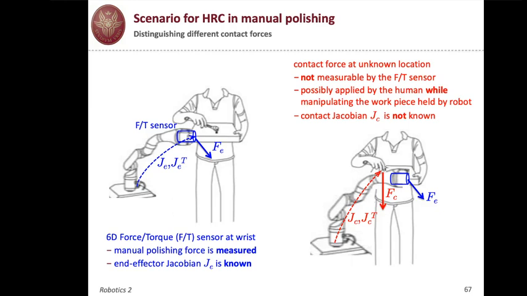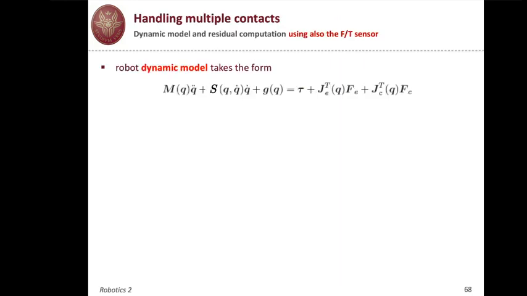And now, a little bit of mathematics follows. First of all, how can we use the force measurement inside the residual computation? So we start from the usual model. On the left-hand side, there are inertial terms, Coriolis and centrifugal terms, gravity term. We neglect for simplicity friction and so on.